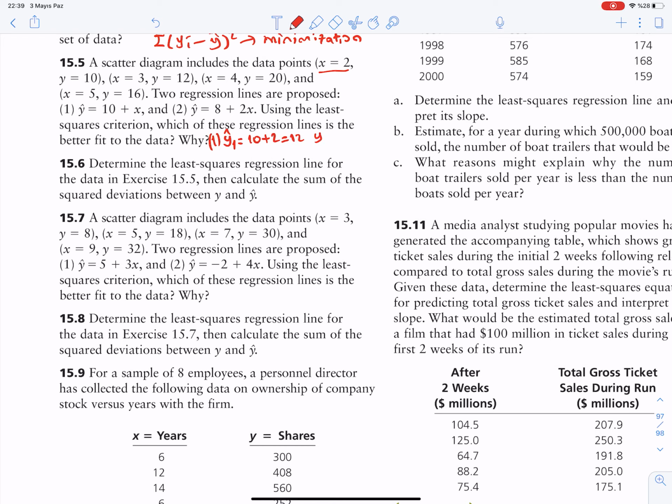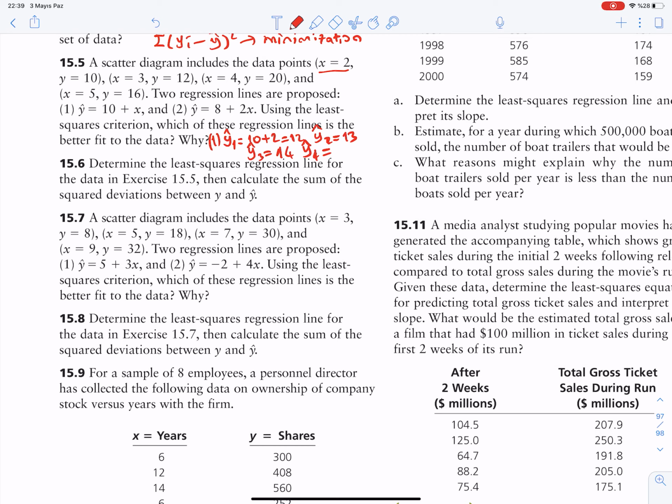Then y2 hat will be 10 plus 3, which becomes 13, and the next one, y3 hat, becomes 14, and y4 hat is 15.